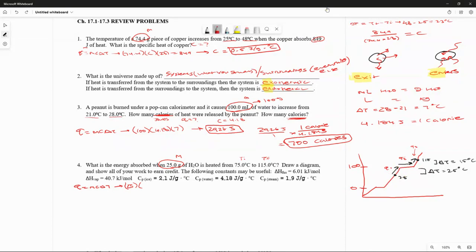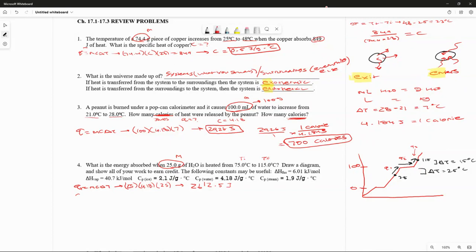So that means we got to use the C value for liquid, which is CP water right here, 4.18, times delta T, which we figured out corresponds with 25 degrees Celsius. And we multiply all 3 of those together to get your Q value, which is going to be 2,612.5 joules.